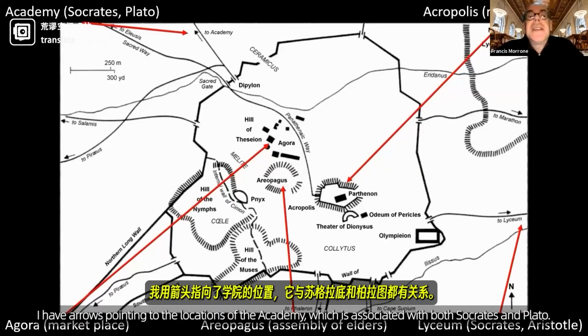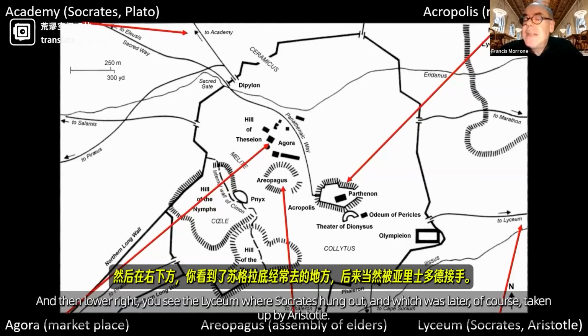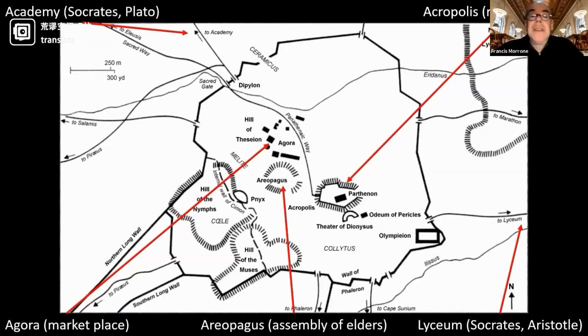I have arrows pointing to the locations of the academy, which is associated with both Socrates and Plato. That was in the suburbs just outside the city. And then lower right, you see the Lyceum, where Socrates hung out, and which was later, of course, taken up by Aristotle.